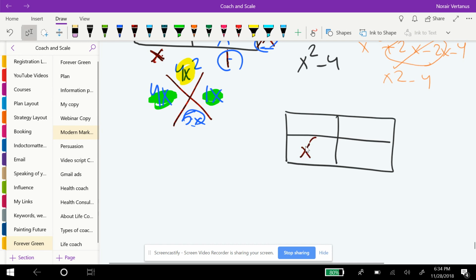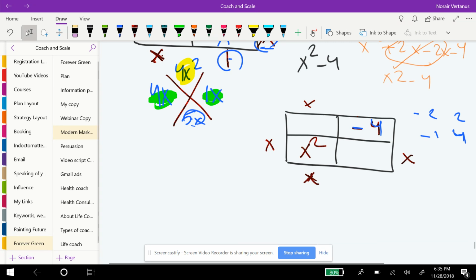So this is x squared, and this is negative 4. This means this is x, that's x, so opposite sides is also x and x. And then that's negative 4. It could be negative 2 times 2, or negative 1 times 4, or negative 4 times 1.